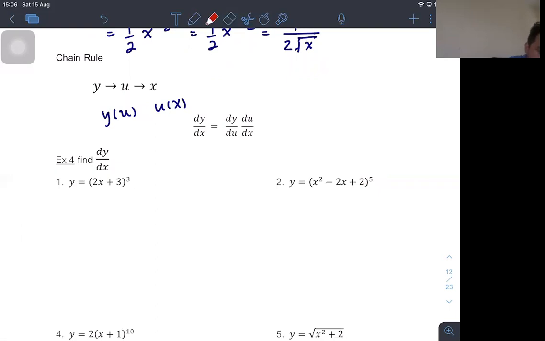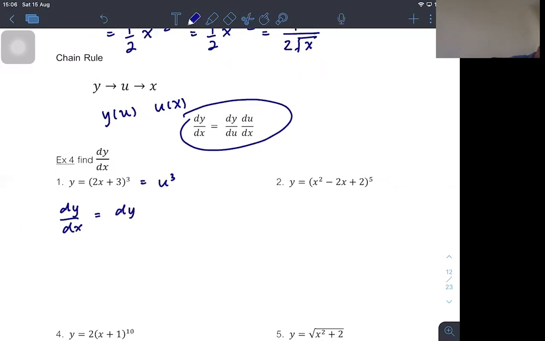So to give you some more time, I will just consider this y as u cubed. If I do dy by dx, we need to subject our differentiation to the chain rule. So dy by dx, we can write down as dy by du times du by dx.